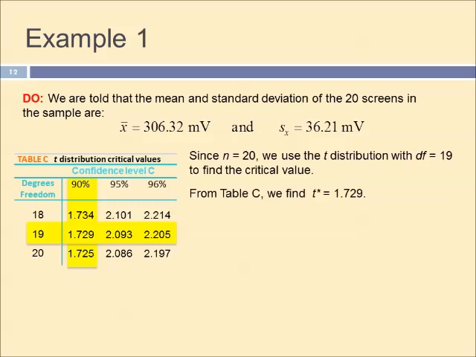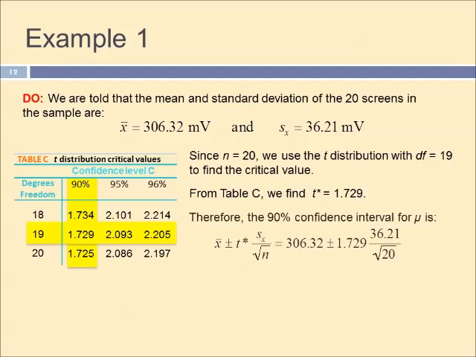So we look at the table, table C, locate row 19, degrees of freedom 19, and then the 90% confidence level, and we find that the critical t-value is 1.729. Therefore, the 90% confidence interval for the mean is x bar plus or minus, well, you can see the formula. So we plug in the numbers.